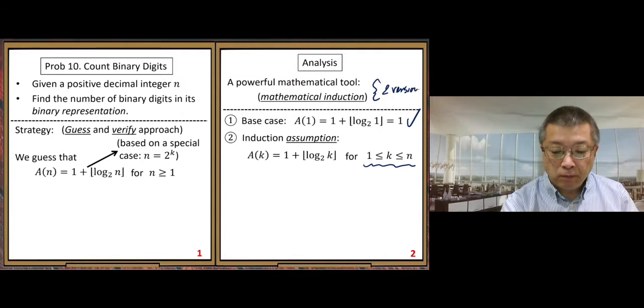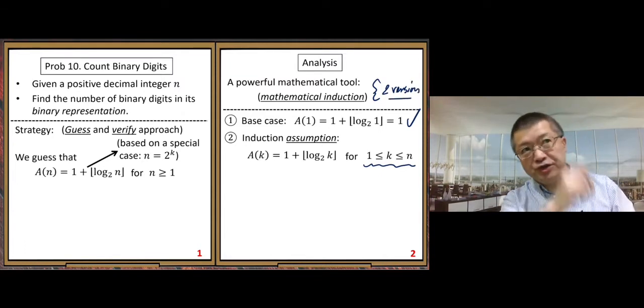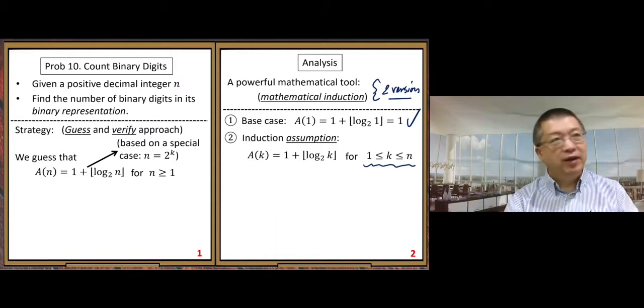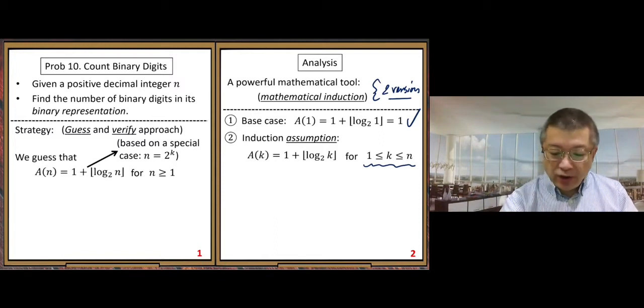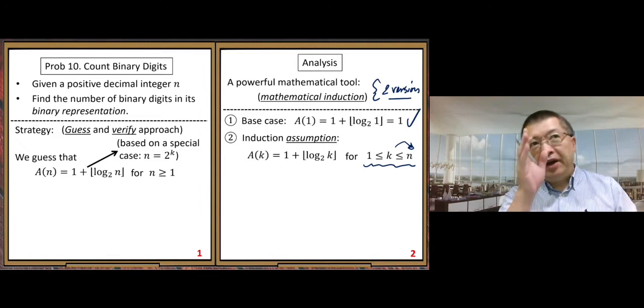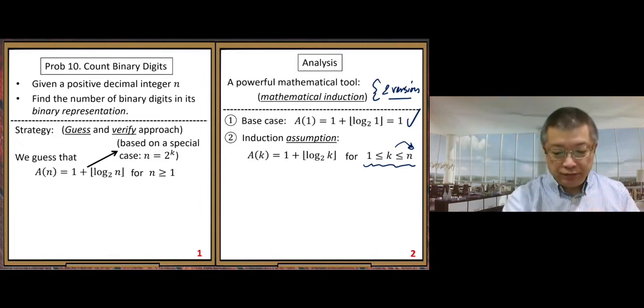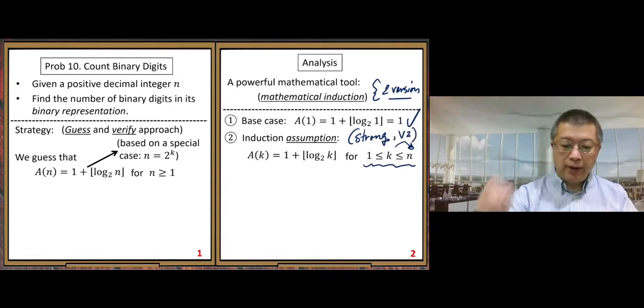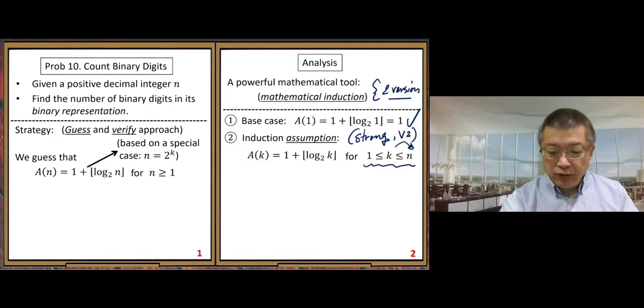Version 1 is relatively weak: we only assume the statement is true for k equals n. Version 2 is the strong version, and here we need to use it.